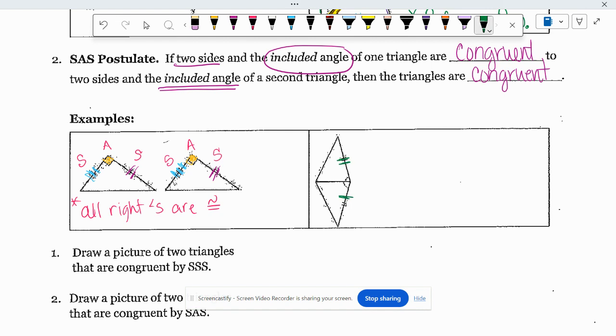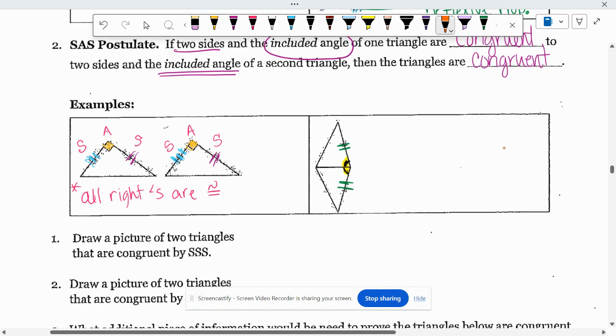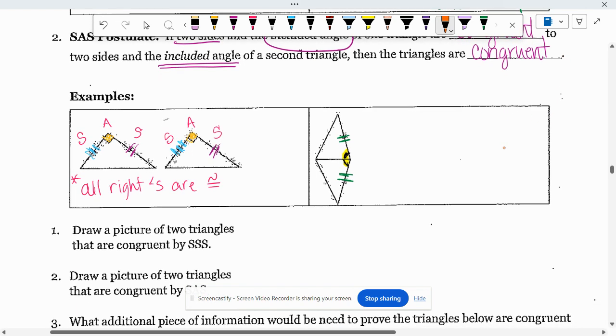This next triangle, I have this side with 2 marks corresponds to this side with 2 marks. And I don't know if you can see it or not, but when you put an arc around an angle, one arc, that just means that those are congruent to each other. So this angle right here is congruent to this angle right here. Can we use the side angle side, or are we missing something? What do they share?